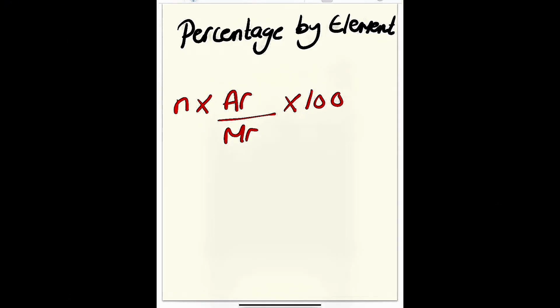Right, so let's say, for example, we want to work out the percentage by mass of sodium in sodium oxide. So this is the one that we want to work out: sodium, Na, in Na2O.